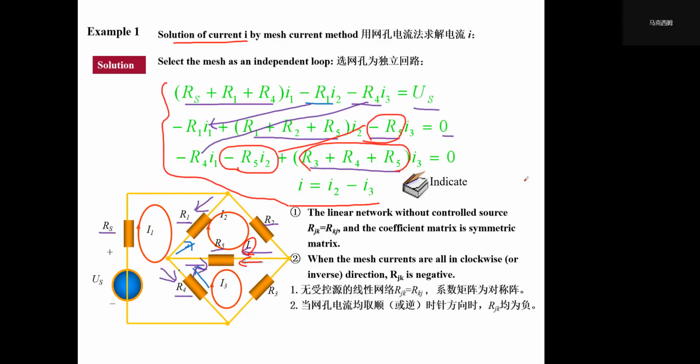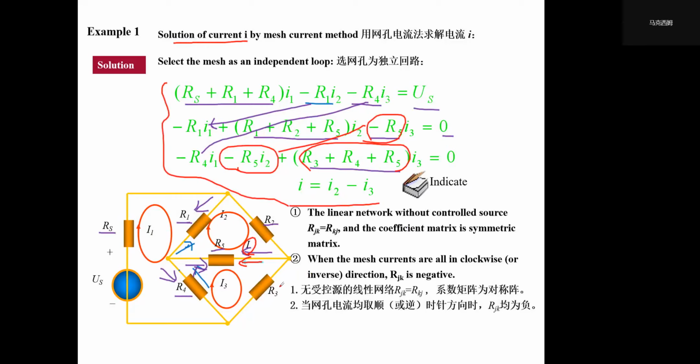But this indicates one thing, that for linear networks without control sources, the mutual resistance in this coefficient matrix is symmetrical. So we can call it a symmetric matrix.